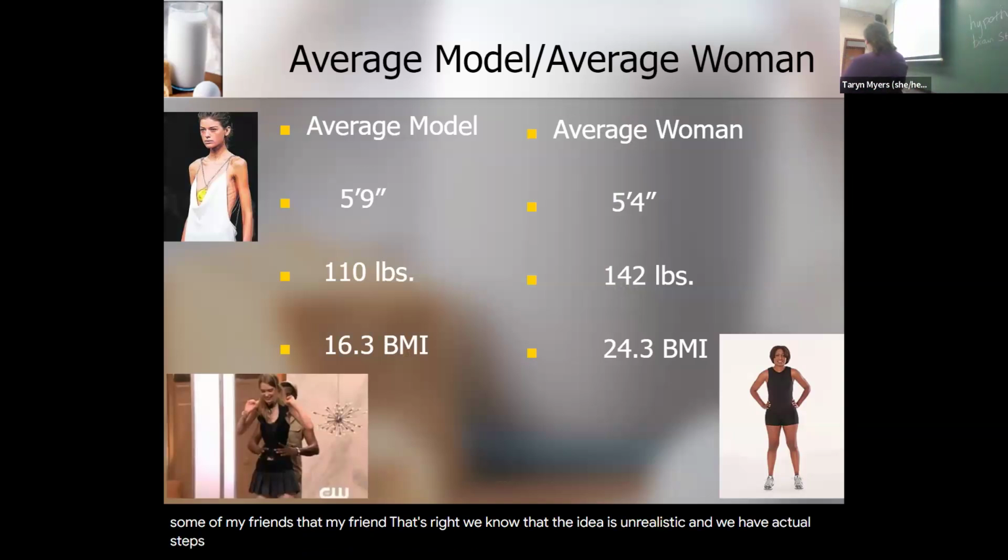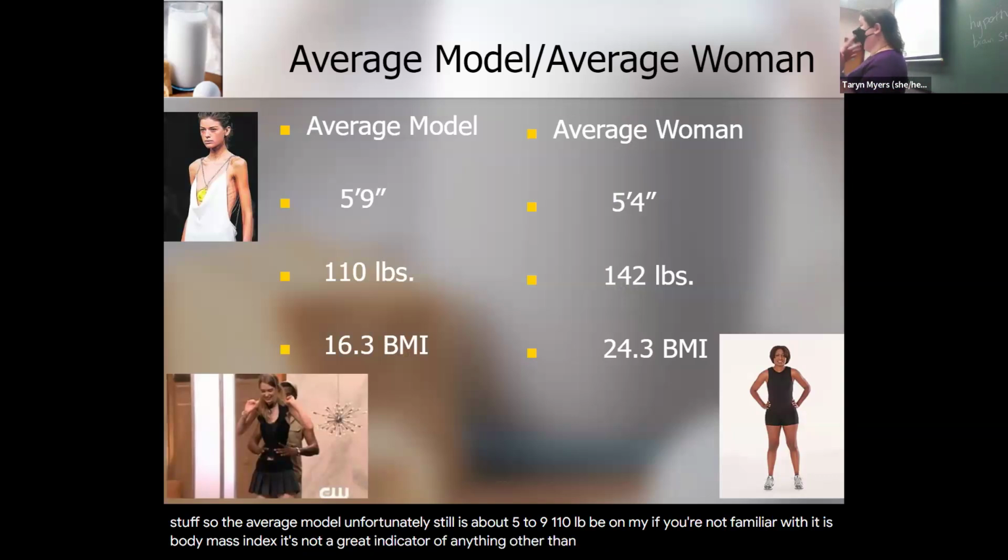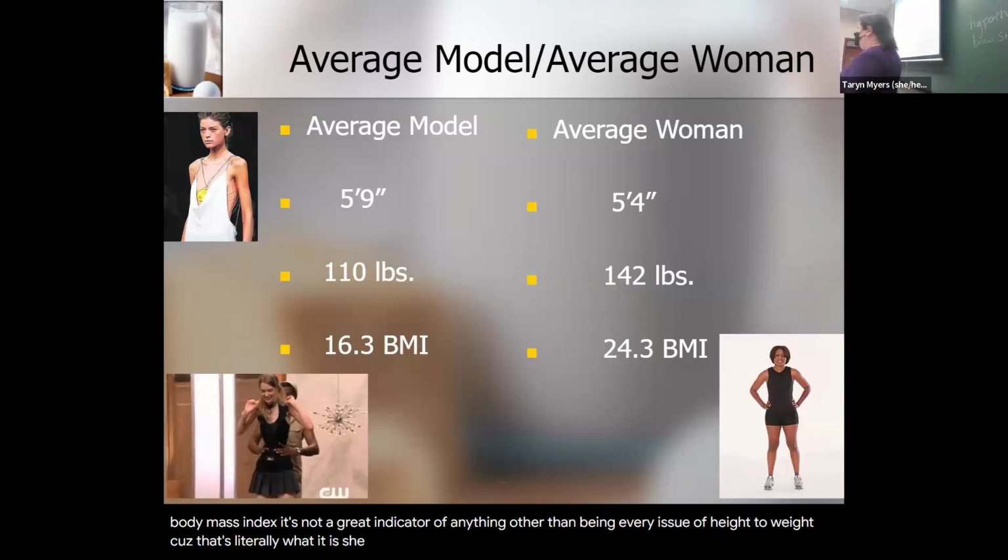So the average model, unfortunately, still is about 5'9", 110 pounds. BMI, if you're not familiar with it, is body mass index. It's not a great indicator of anything other than being a ratio of height to weight, because that's literally what it is. So you could have the same BMI as somebody who is all fat versus you're all muscle, or vice versa, right?